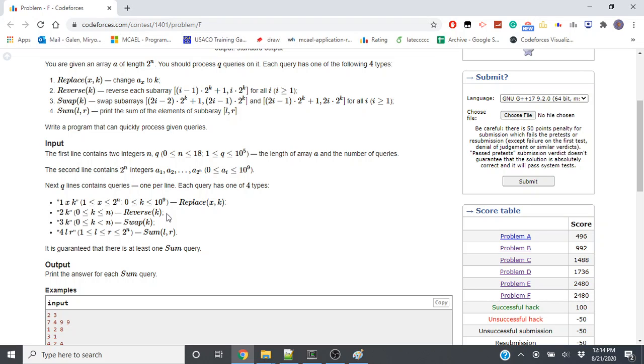L less than or equal to R less than or equal to N. Okay, replaces obviously. Maybe there are at most log n ranges or something.